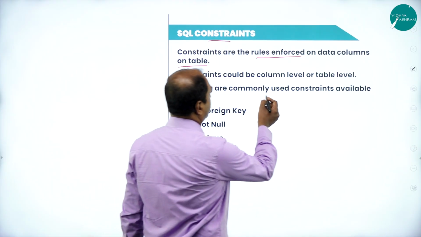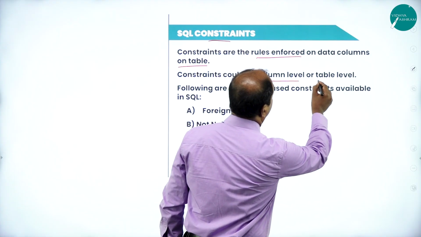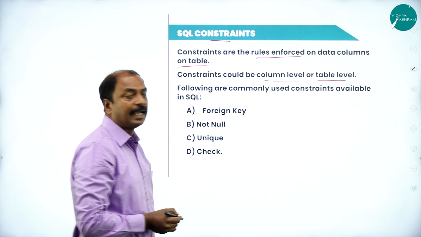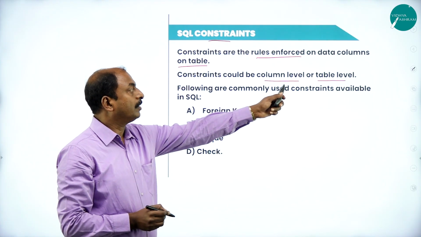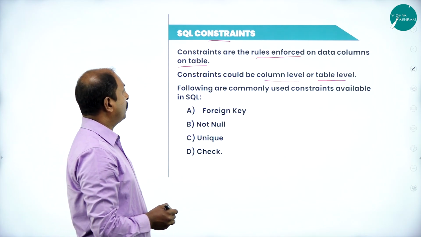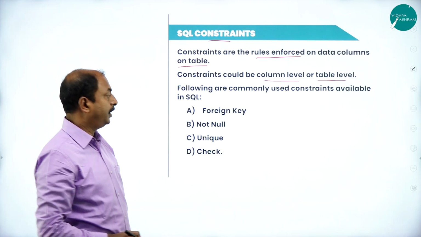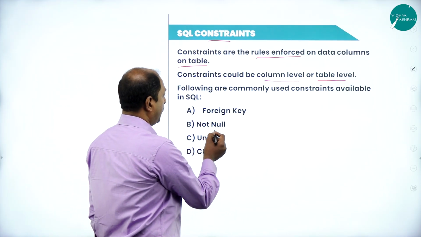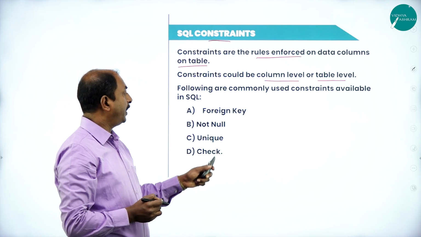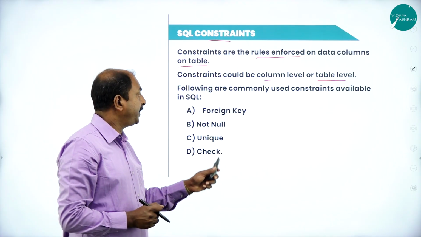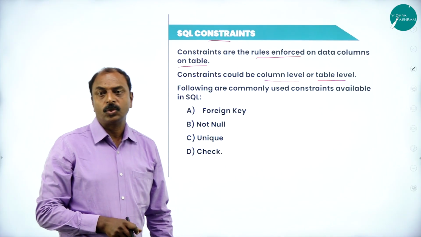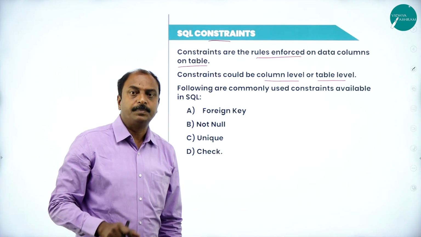A constraint could be at column level or table level. Following are a few constraints we use in SQL: foreign key, not null, unique, and check. These are the different constraints we can make use of in SQL expressions.